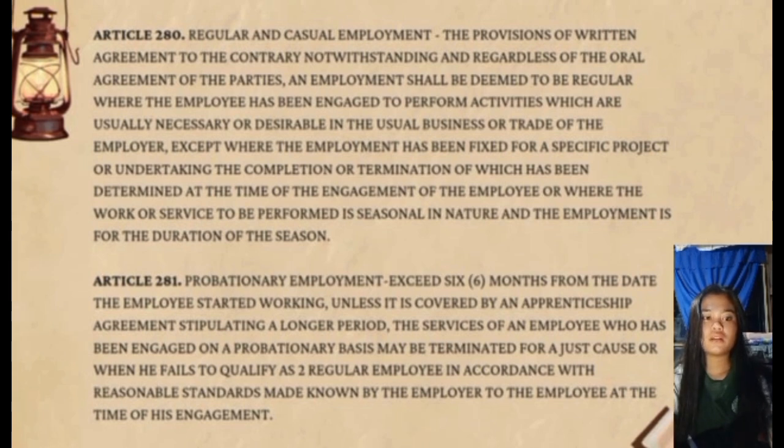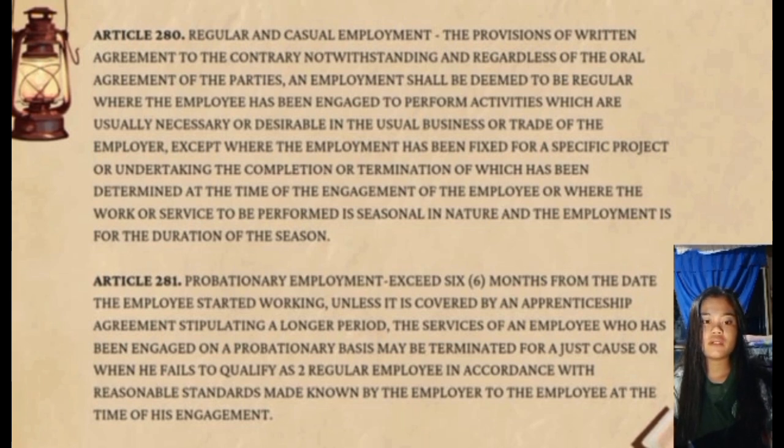Article 281, probationary employment. Probationary employment shall not exceed 6 months from the date the employee started working, unless it is covered by an apprenticeship agreement stipulating a longer period.